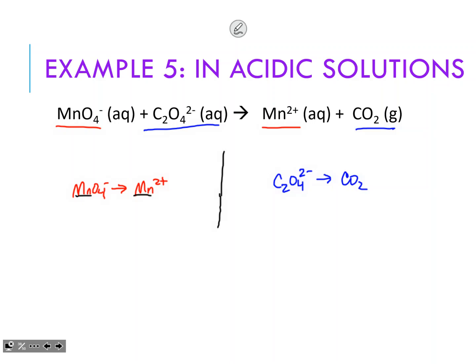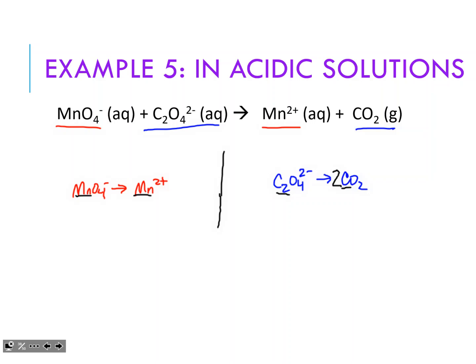That one's balanced. Over here, though, 2 carbons, only 1 carbon. So we need to put a 2 there. This is an example where, yes, you have to balance those first. And if you don't balance them first, then it throws off the rest of the balancing.